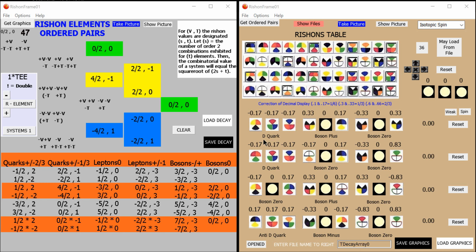And if we look at this generic D quark, we have 3/6, 1/6 plus 1/6 plus 1/6 equals 3/6, which is minus 1/2.